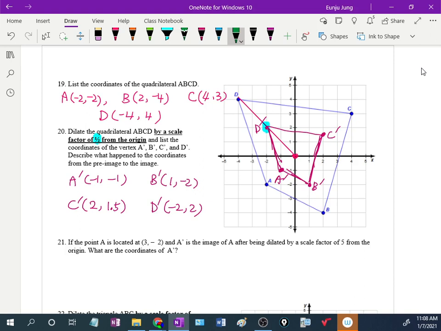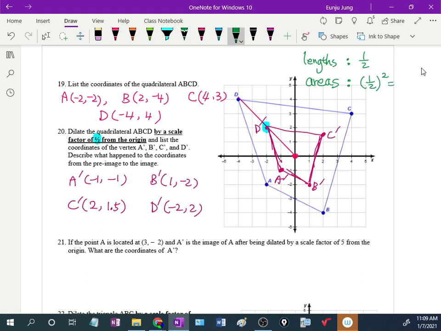Every length gets smaller. Length gets smaller by half, okay? And what would be the effect on the areas? Area gets smaller, right? How much smaller? 1/2 to the power of 2, square of this.